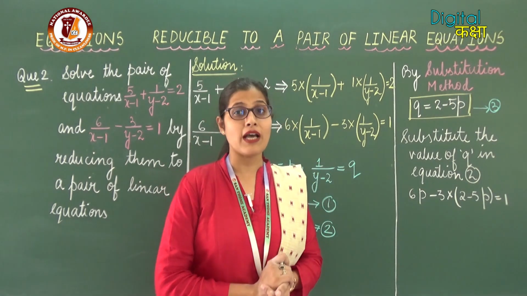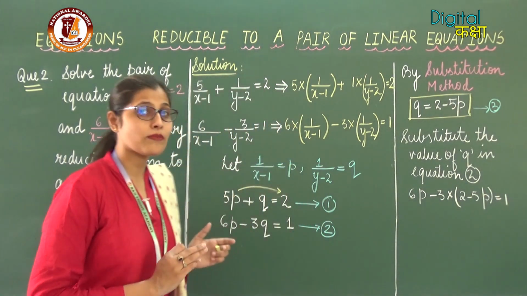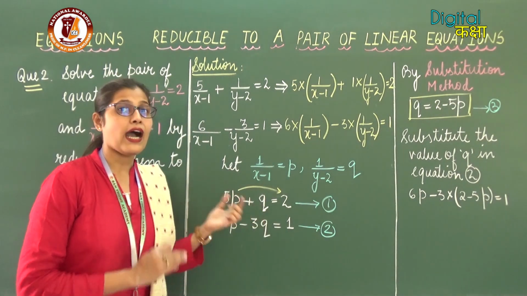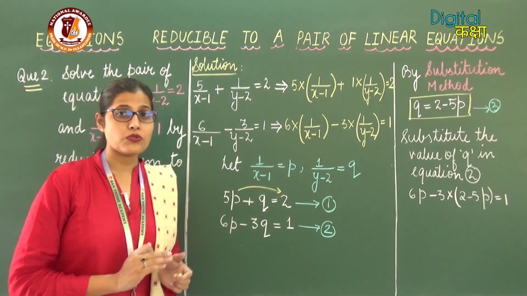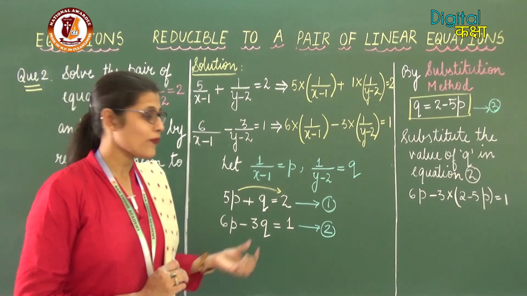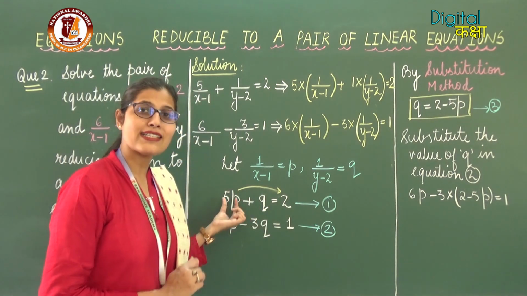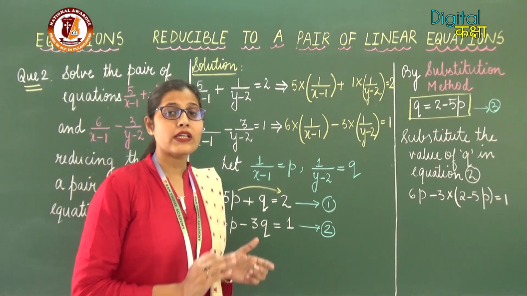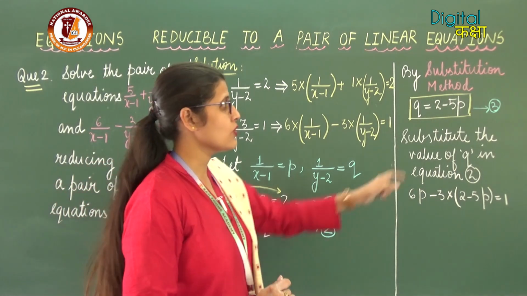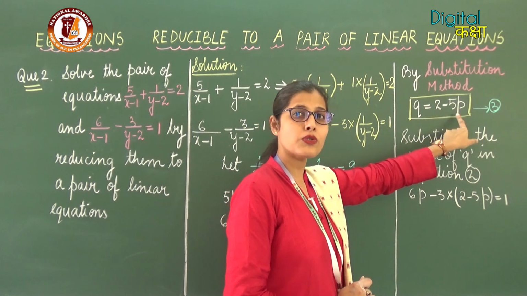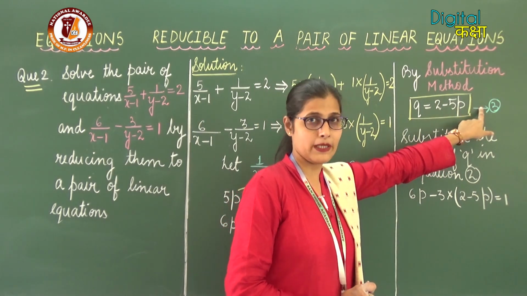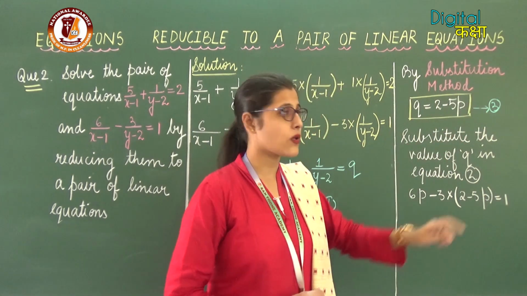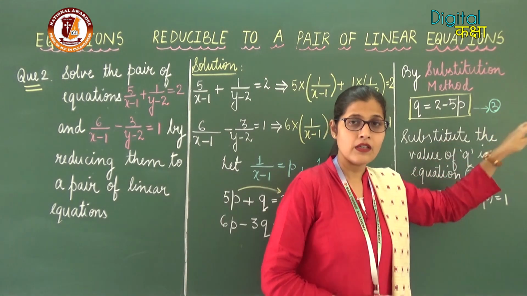In the substitution method, first from the equation 1, I will be taking out the value of variable q in terms of the variable p. So, it will be written as q equals to 2 minus 5p. I will mark it as equation number 3.